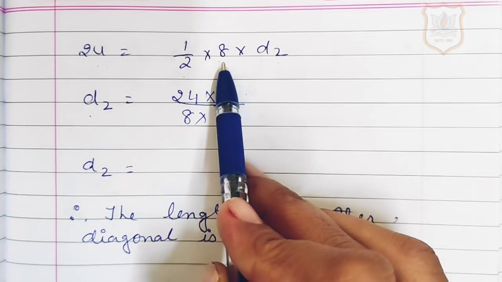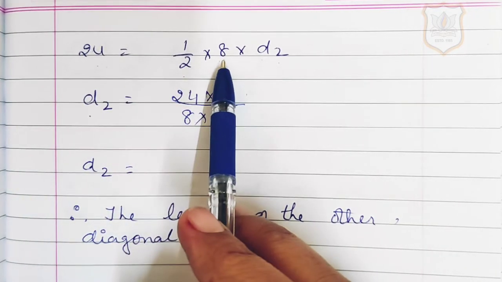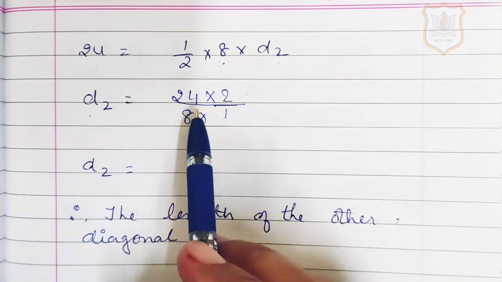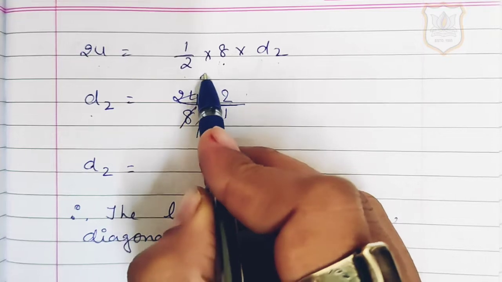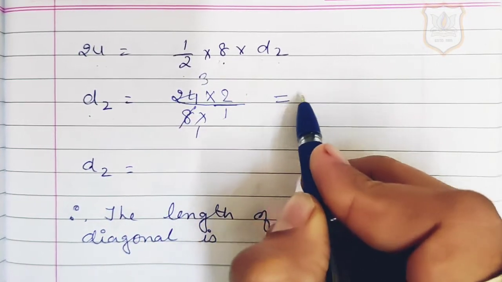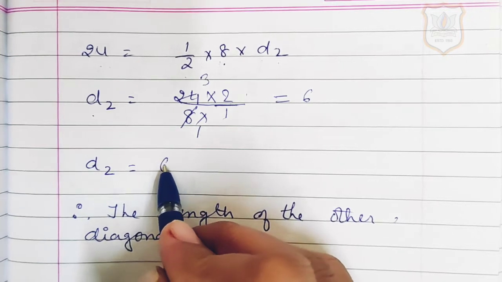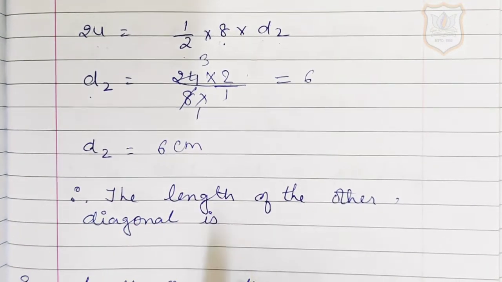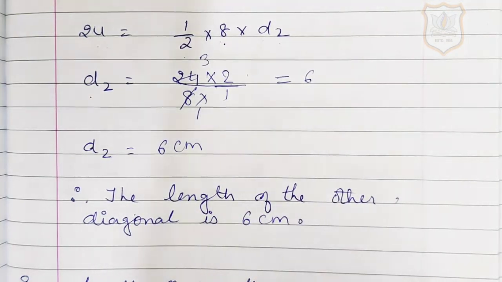If we transpose this number 8 on the left hand side, so instead of multiplication we will do division here. So 24 multiplied by 2 divided by 8 will be 8 threes are 24, and 3 multiplied by 2 is 6. Therefore the length of diagonal 2 is 6 centimeter. Therefore we can say the length of the other diagonal is 6 centimeter.